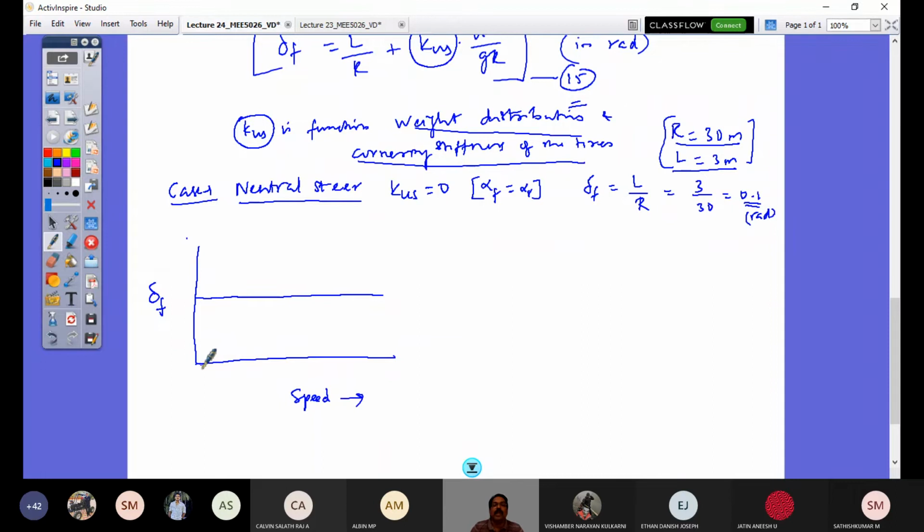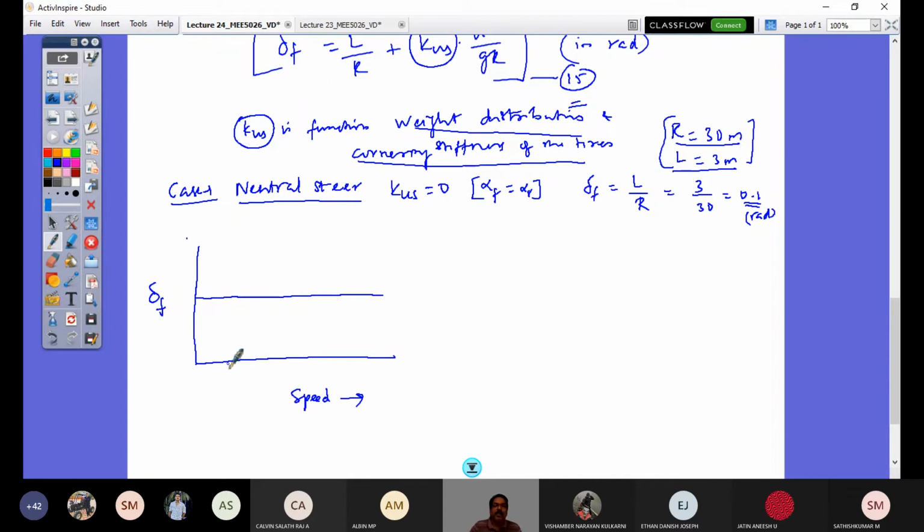If I am accelerating my vehicle along the curve, then it is not steady state cornering, right? Steady state cornering means you are driving your vehicle with a constant forward speed. So your vehicle would be taken to the test track with the required speed. As it is entering the circular track tangentially, that speed requirement of your test would be gained. So it is say 20 kilometers per hour, 30 kilometers per hour like that.